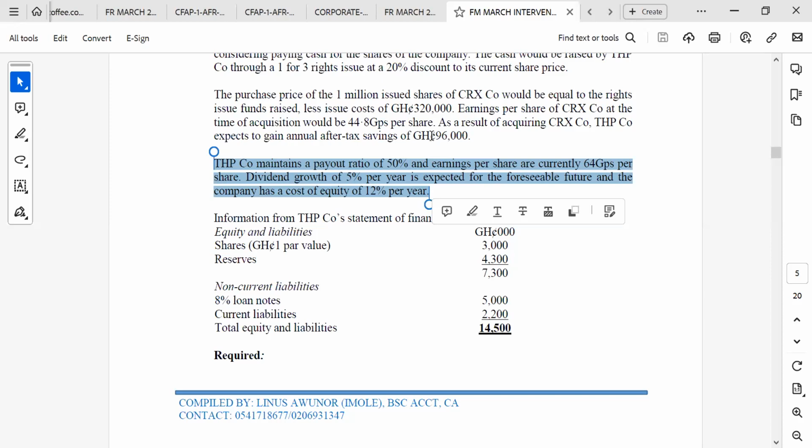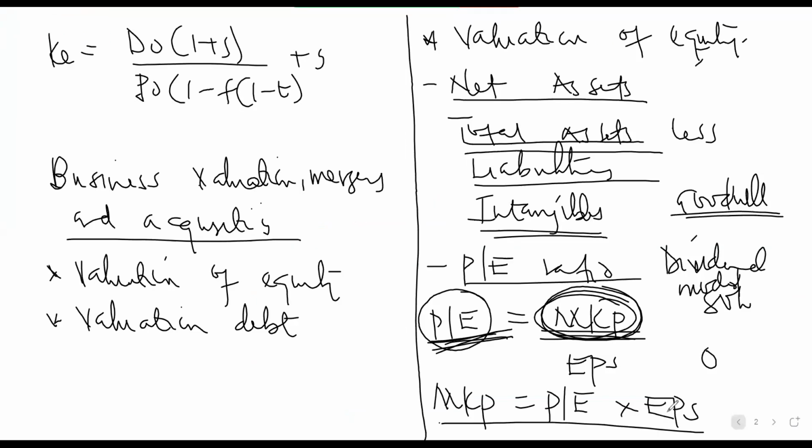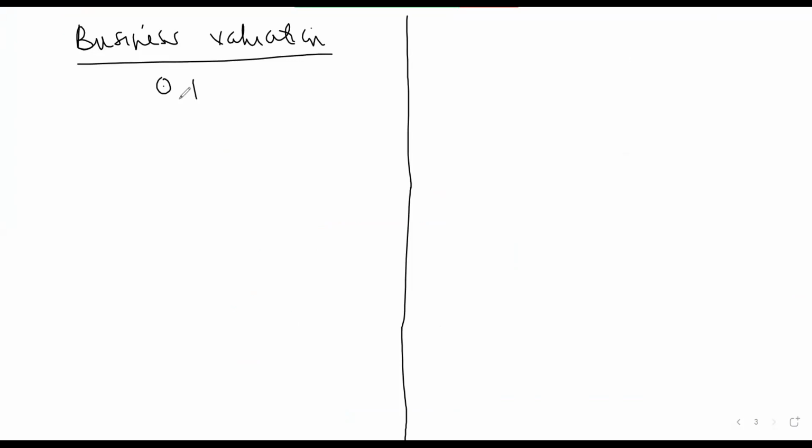So they are asking us to calculate the P0 for the company. We have the business valuation and we have question 1. Those people that will be asking for the working sheets, I'm doing this for you.